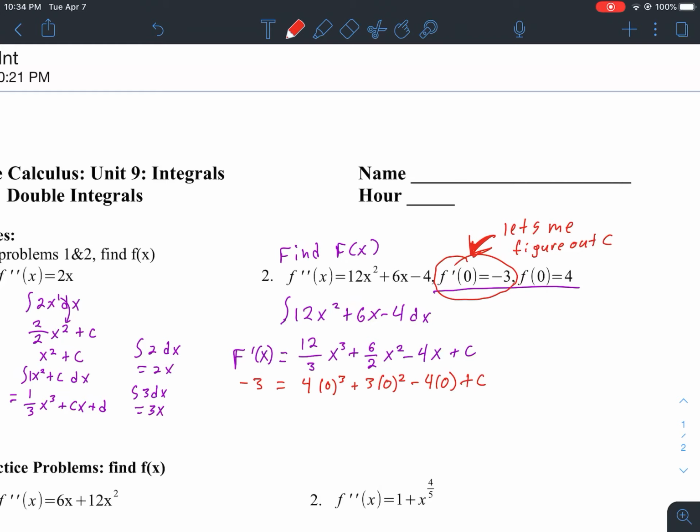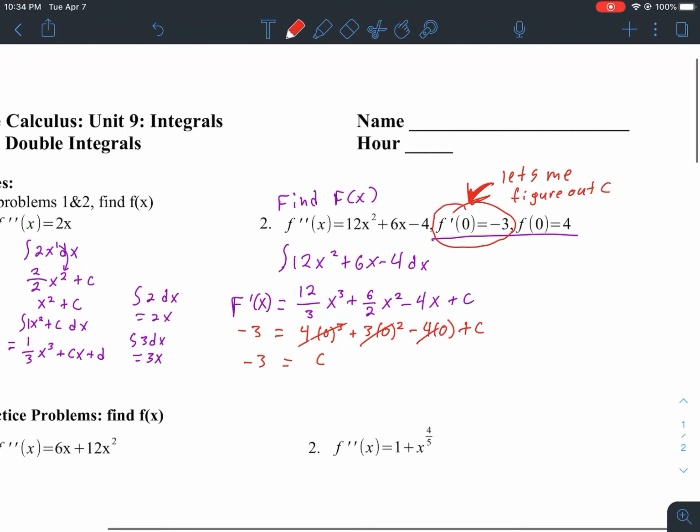Okay, so what's c? All these zeros drop out, and c is negative 3. So now f prime of x, the first derivative, is 4x to the third plus 3x squared minus 4x minus 3.